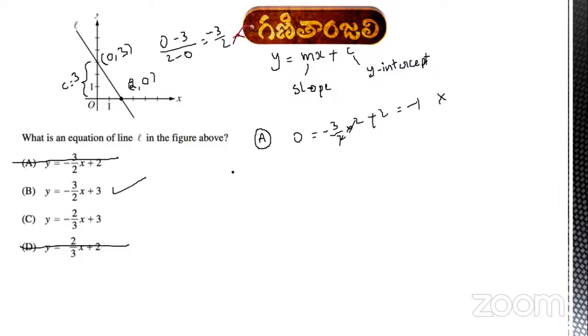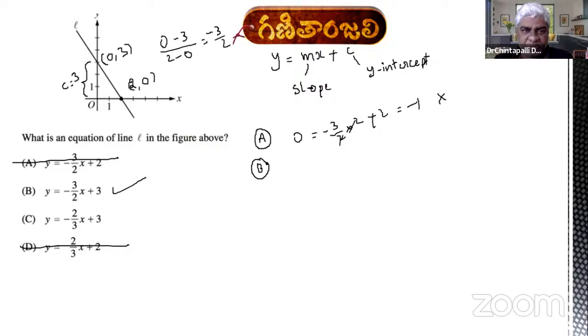Second, option B: 0 equals minus 3 by 2 times 2, plus 3. The 2s cancel, negative 3 plus 3 is equal to 0. It is a correct statement.